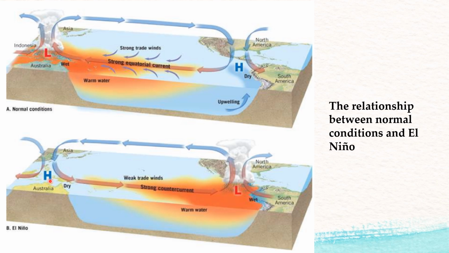So this causes the trade winds to diminish. Because of these weak trade winds, it leads to an eastward movement of warm water along the equator. So there is this strong countercurrent. This strengthens the equatorial countercurrent, causing surface waters of the central and eastern Pacific to warm.